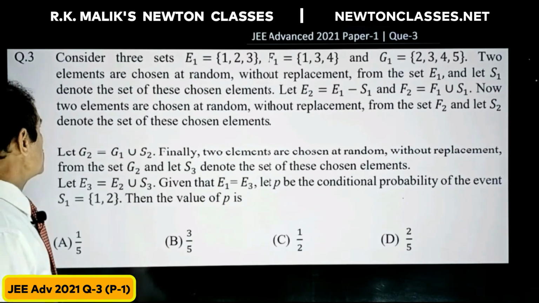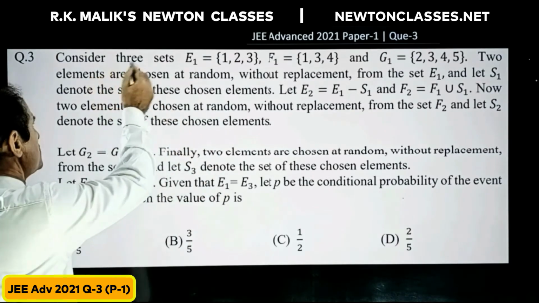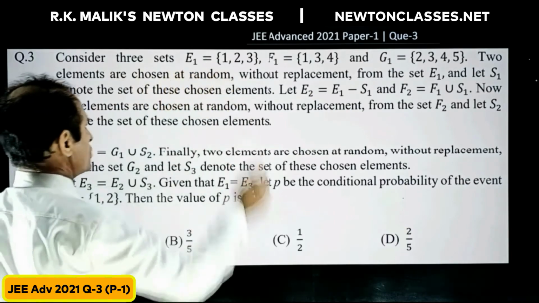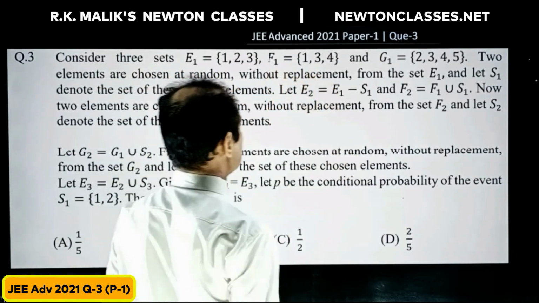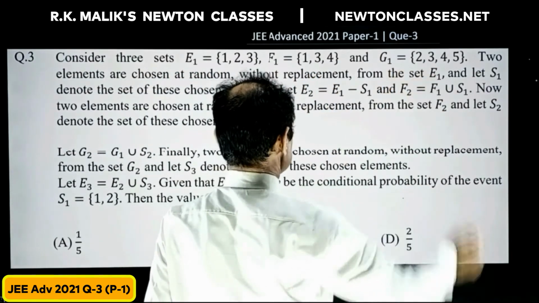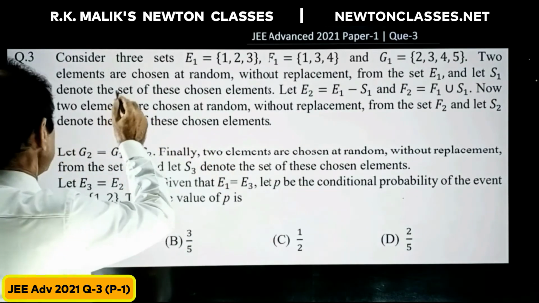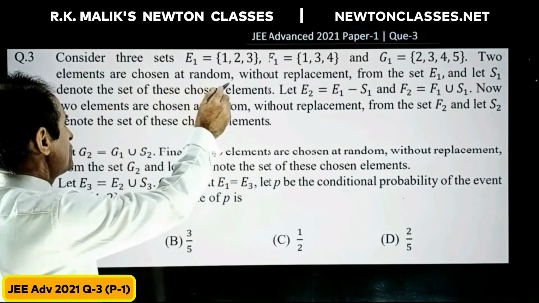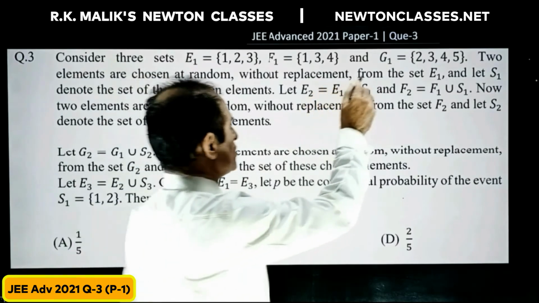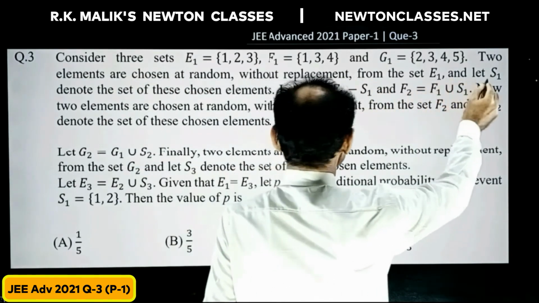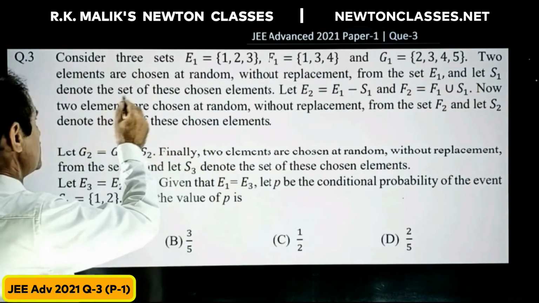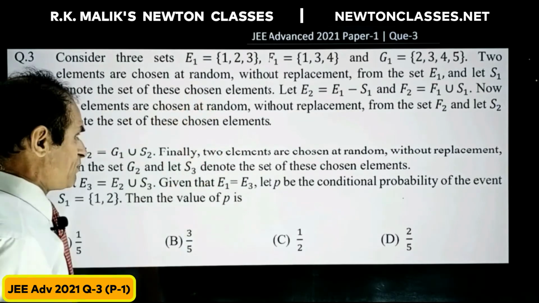In this question, it is given that consider three sets E1 equal to {1, 2, 3}, F1 equal to {1, 3, 4}, G1 equal to {2, 3, 4, 5}. Two elements are chosen at random without replacement from the set E1 and let S1 denote the set of these chosen elements.